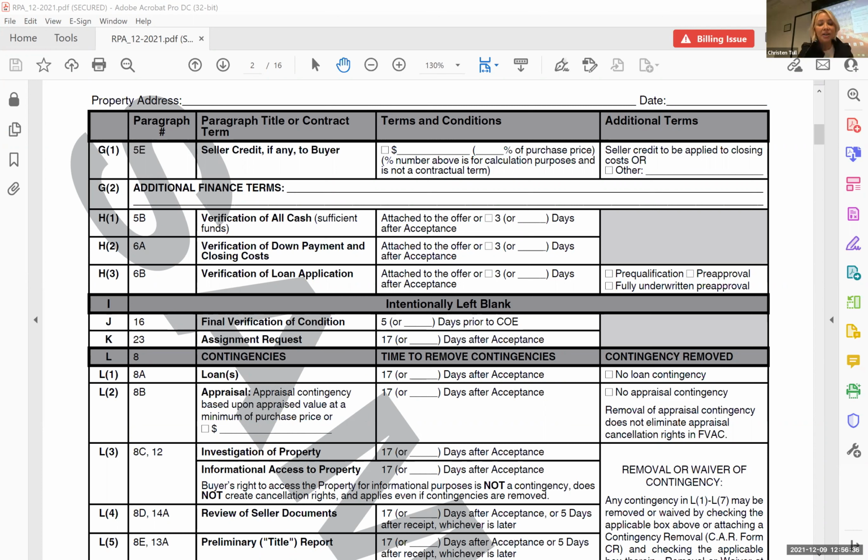All right, so: buyer reserves the right to obtain contingency-free financing at their sole election or discretion, whichever word you prefer.